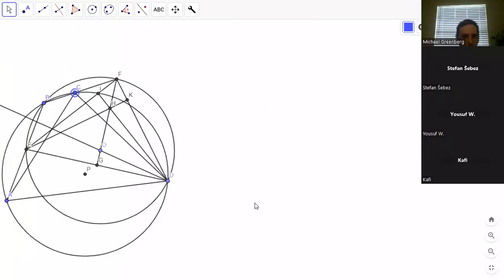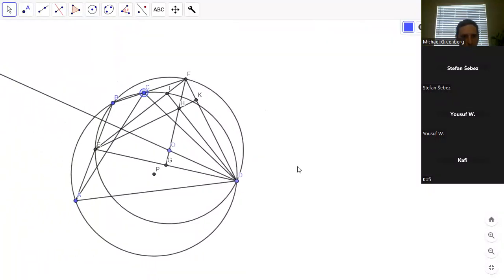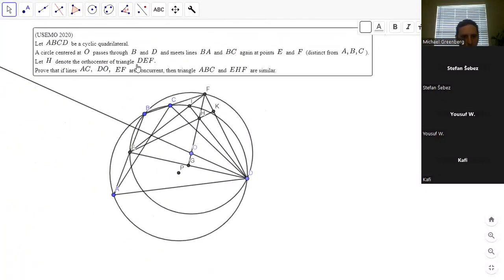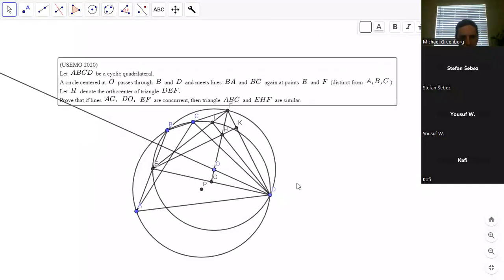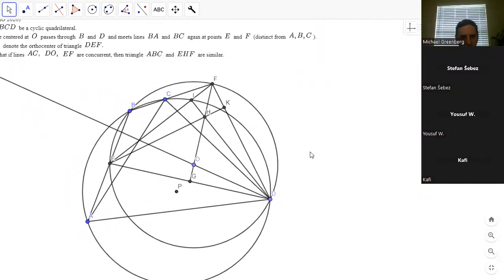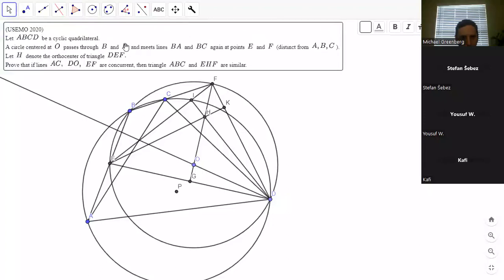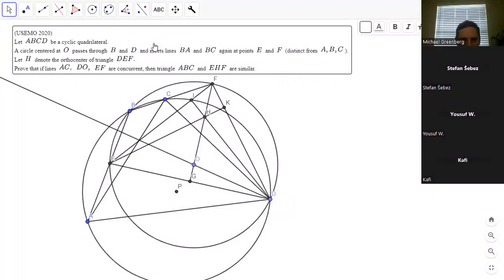So I'll make it bigger. So like this. So if they concur, then ABC and EHF are similar.